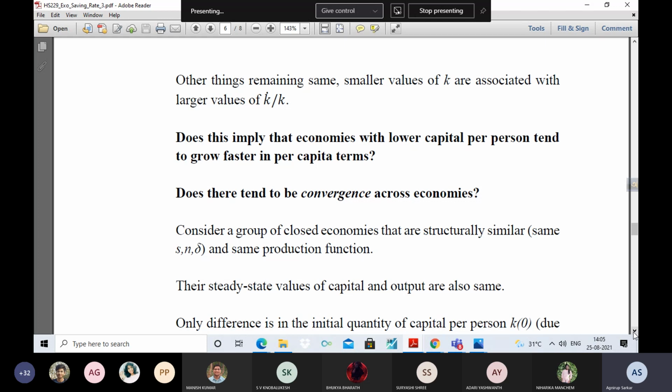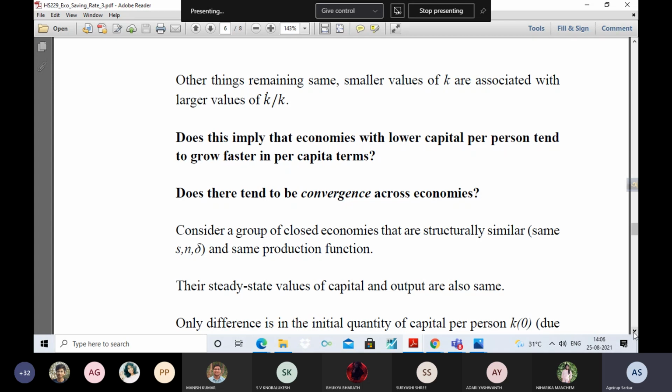So to answer these questions, consider a group of closed economies, let's say isolated regions or countries, which you can think of as structurally similar in the sense that they have the same values of the parameters s, n, delta, like the savings rate, population growth, and the depreciation of capital.